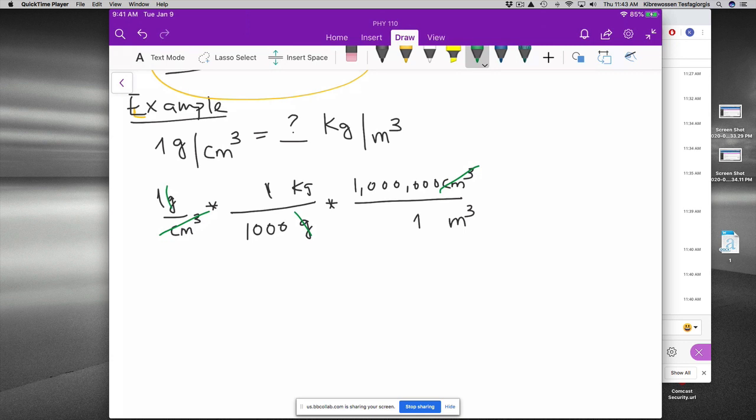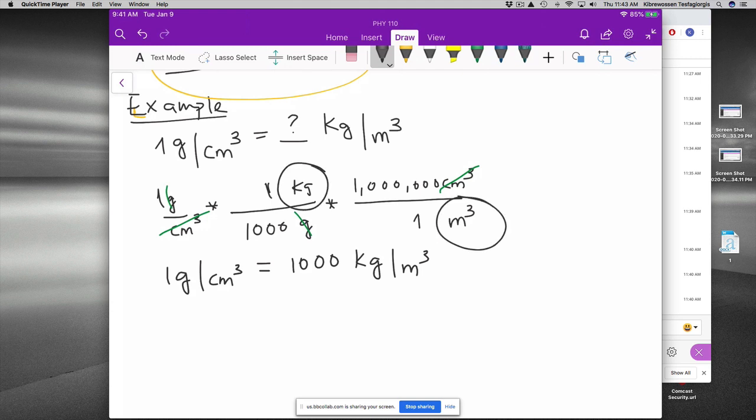So therefore you will have 1 gram per centimeter cubed is going to be equal to 1000 kilogram per meter cube. Where did I get the kilogram? Here is what I have. And the meter cubed, here is what I have. The 2 units that I'm left with are those. So this is how you do the whole unit conversion thing. That's pretty much, I think, enough number of examples that we have done today. Then we're going to proceed more.